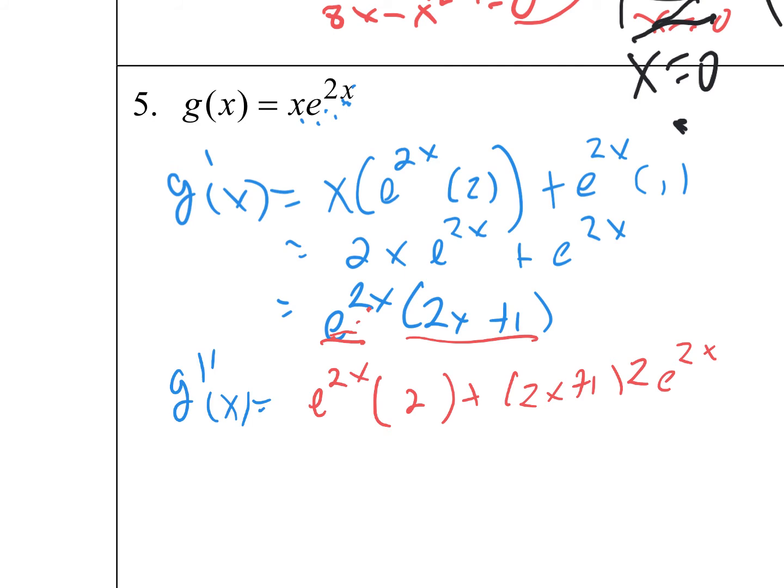Anything pretty there? Let's see. I could factor out an e to the 2x and see what happens. Factor out e to the 2x again, and that gives me a 2 plus another 2 times this stuff in here. So technically, it was a 2x times 2 and a 2x times 1. So why don't I call that a 4x plus a 2? Can you clean that up a little more?